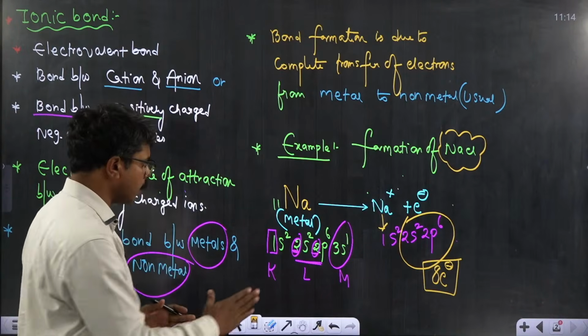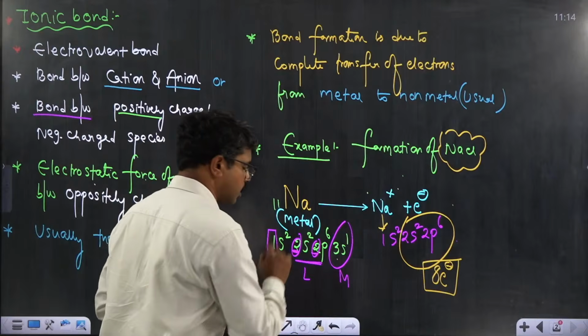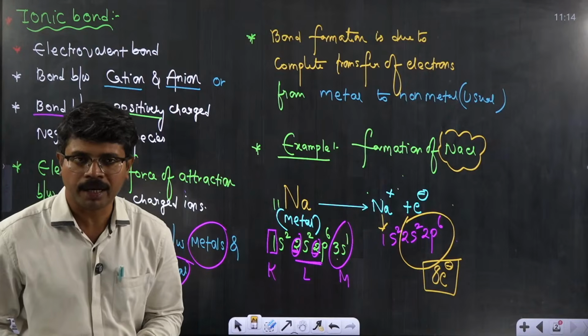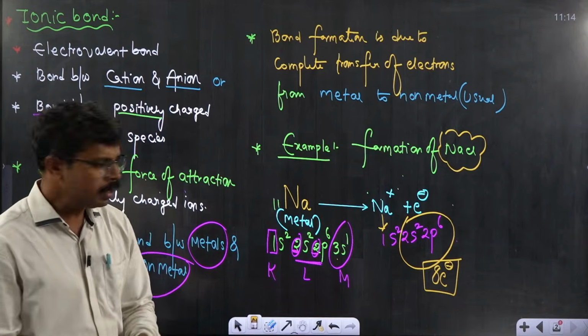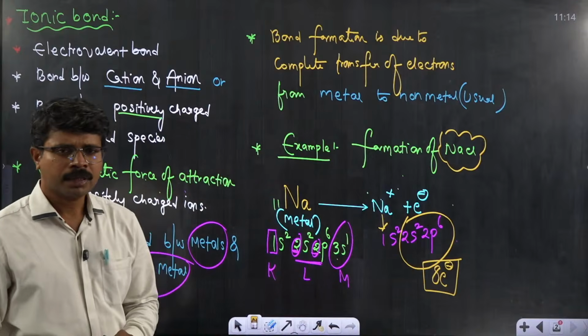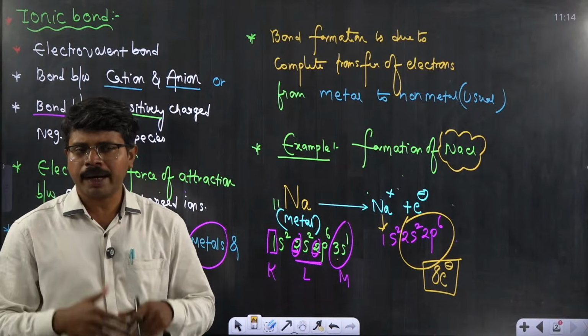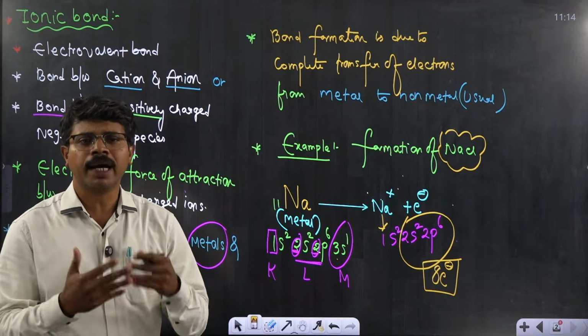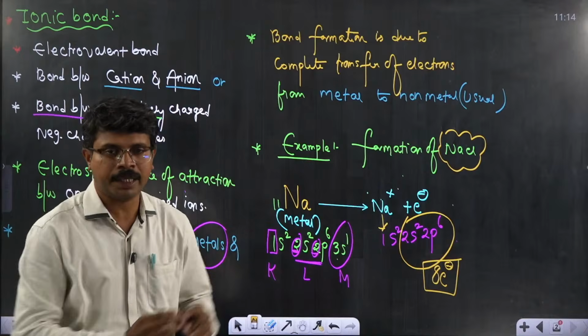As the sodium atom has only one electron in its valence shell, if it can give out an electron from the valence shell, it acquires the octet configuration. If atoms achieve octet configuration, we presume they are attaining stability.